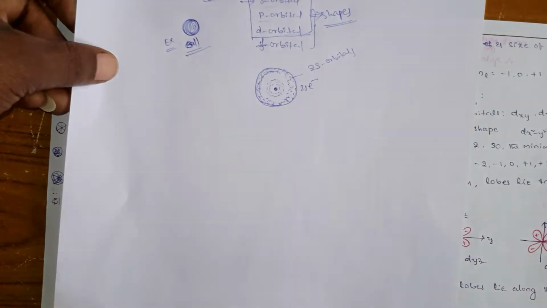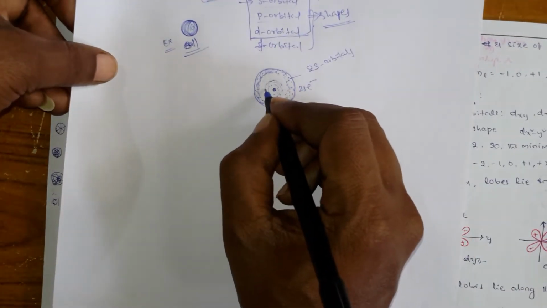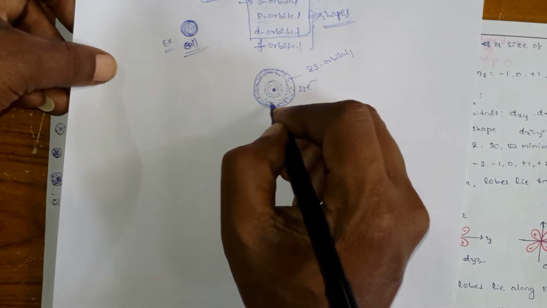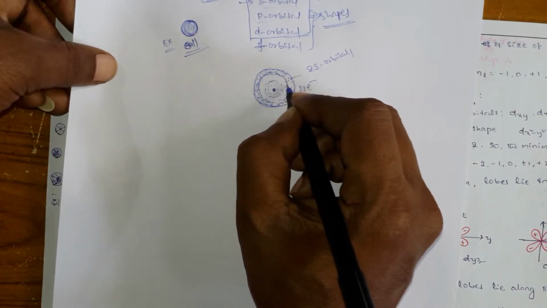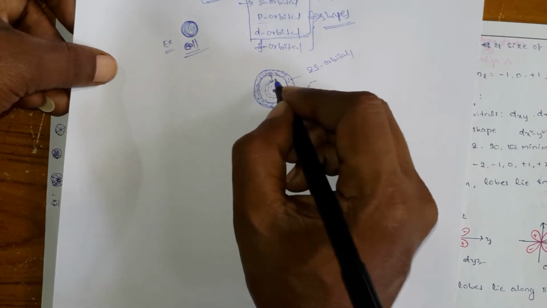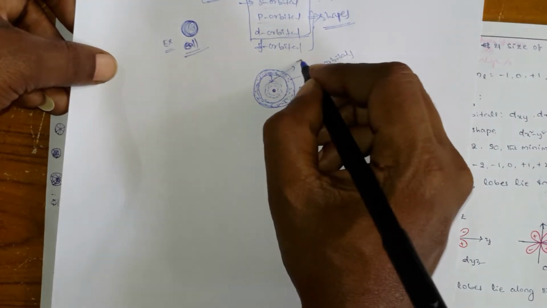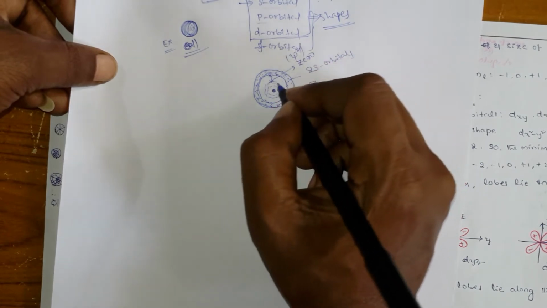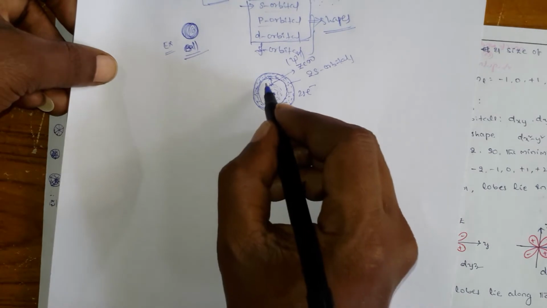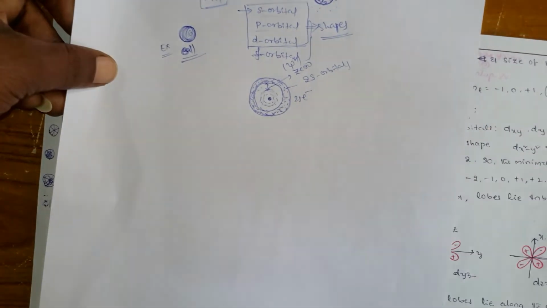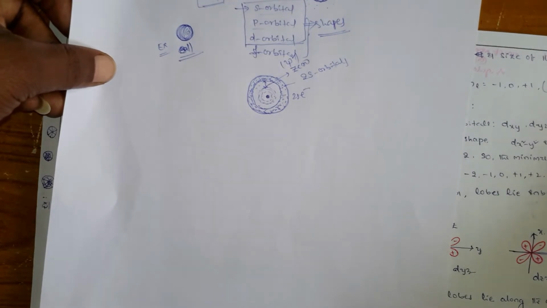2s orbital. Okay, and so you see here there is a gap between this 2s orbital and 3s orbital, right? So this gap here, the finding of an electron is 0. The psi square is 0, because you see here is an empty space. So empty is nothing but there is no probability for the electron.